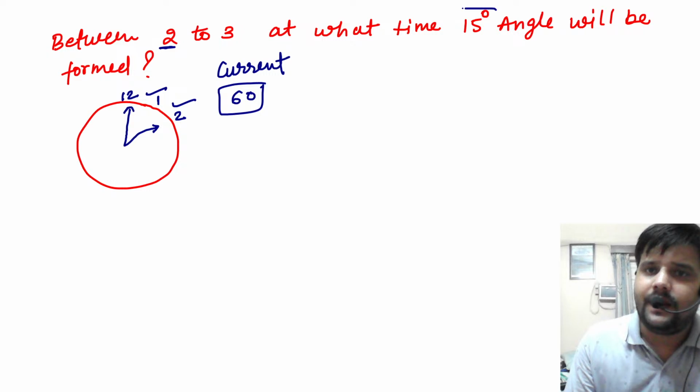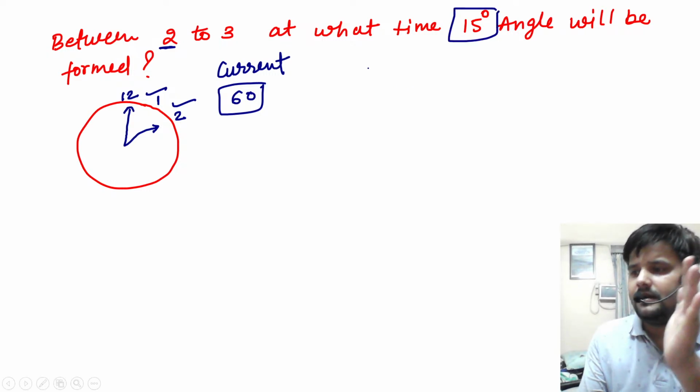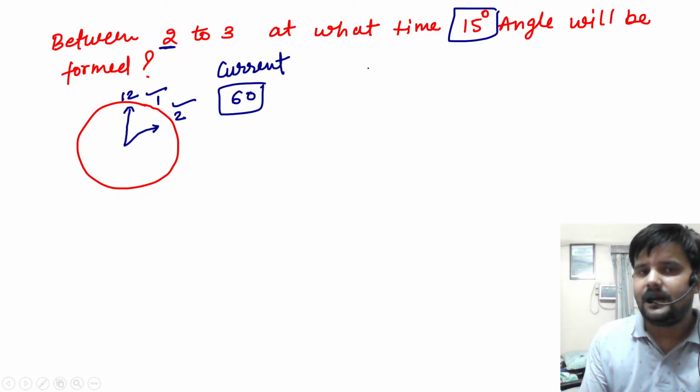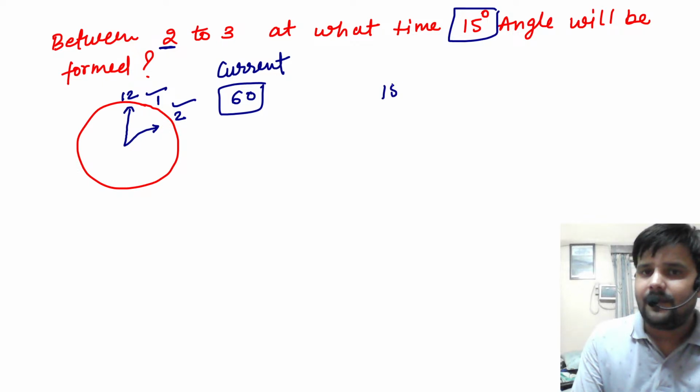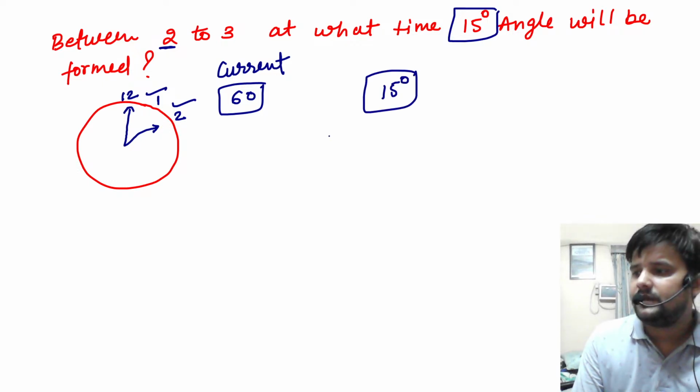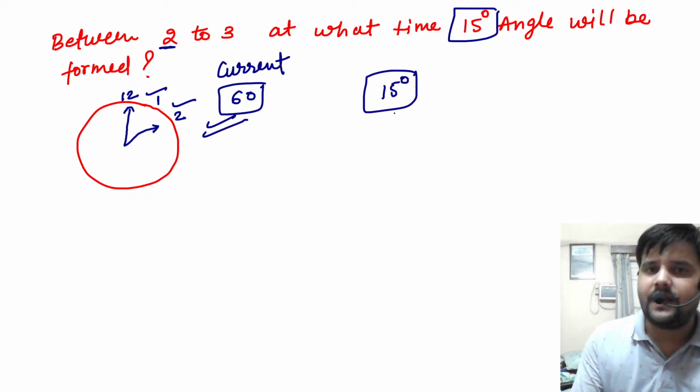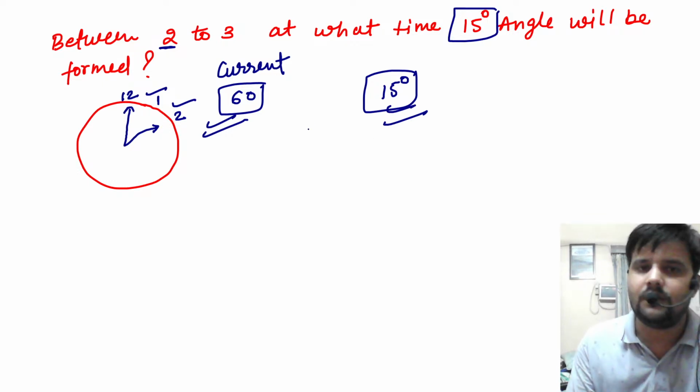What we need is 15 degrees. So obviously the angle will start decreasing, because the minute hand is behind. I'm writing 15 degrees here. Now from 60 to 15, how much distance do you have to cover?